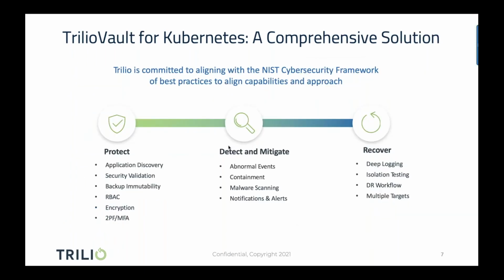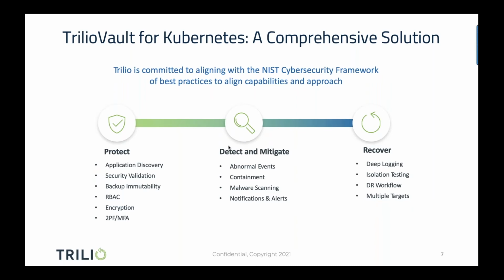Now let's talk about what Trilio is building, and I would say most of these features are already available or will be available in the next 8 to 12 weeks. Starting off from the left, from the protection angle, what we provide today is application discovery.